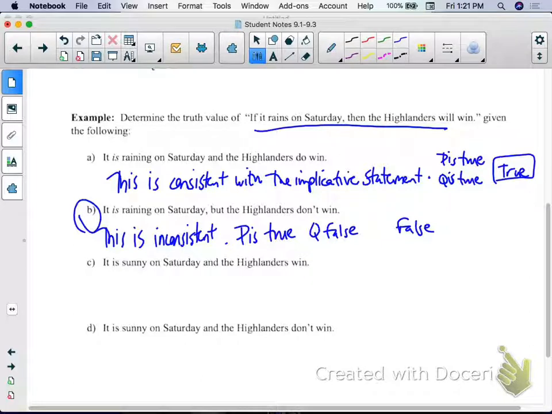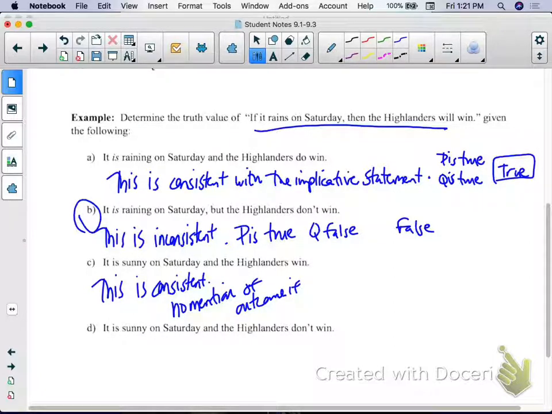Okay, so it's sunny on Saturday, and the Highlanders win. This is considered consistent. And basically it's consistent because there was no mention of the outcome if it doesn't rain. So essentially we're saying if it's sunny, then it's not raining.